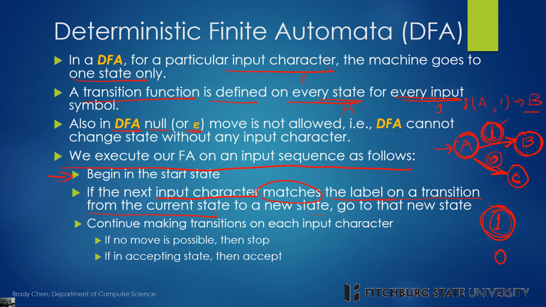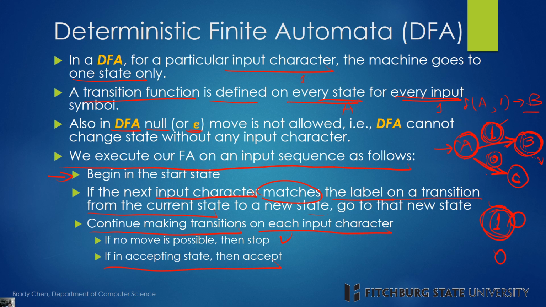Now we continue with this transition on each input character. So the next character is 0, and then we check what the state machine actually defines. What's the next label for state B? If no move is possible, then stop. And if it's an accepting state, then accept.